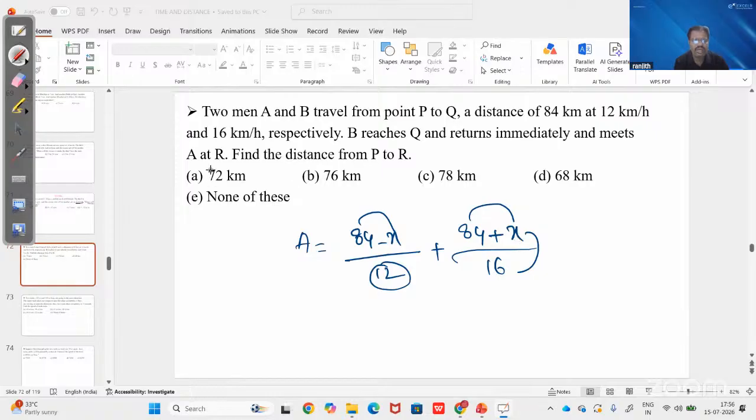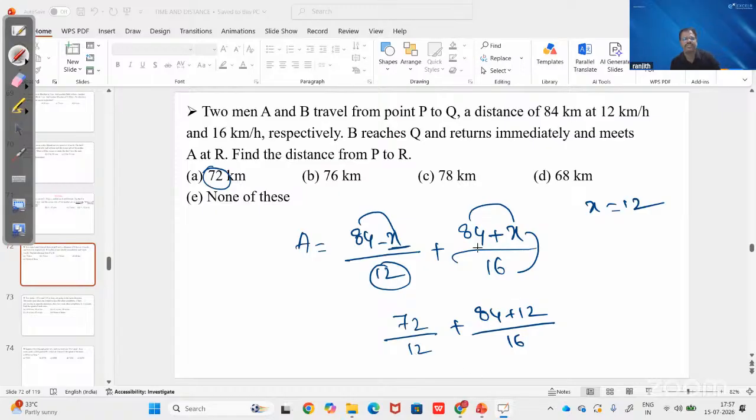So if you look at the options, we are having 72. If I go with the option 72, to get 72, X has to be 12. So 84 minus 12 equal to 72 divided by 12, 84 plus 12 divided by 16. So it is cancelled, it is also cancelled.